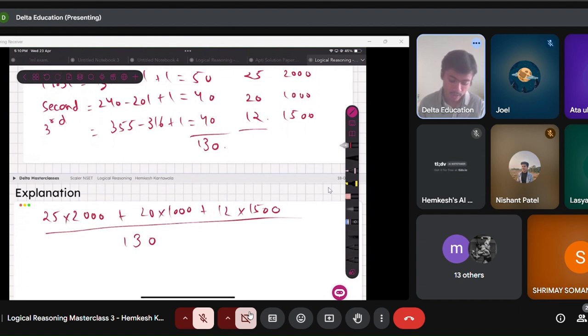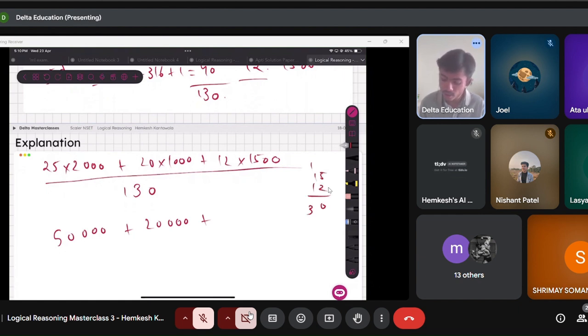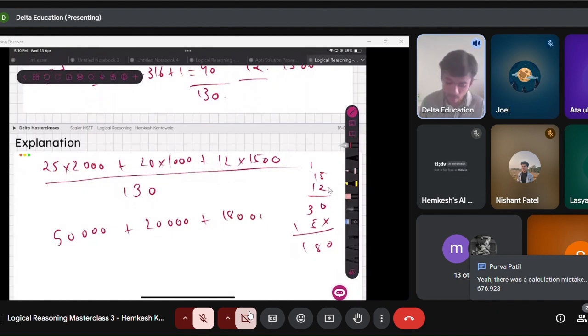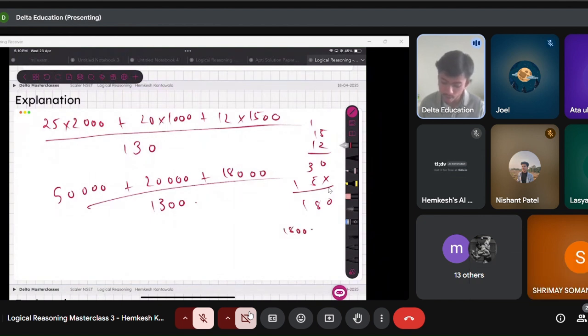Okay, so 25 twos are 50 and 3 zeros, plus 20 and 3 zeros, plus 12 into 15. This gives 88,000 upon 1300. So it would be basically 880 upon 13.